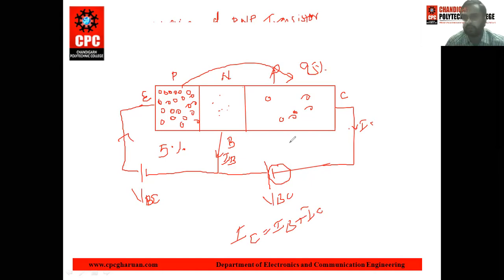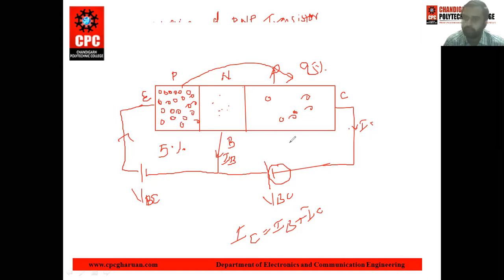Today we discussed the basic construction of NPN and PNP transistors, how two diodes are connected back-to-back to form a transistor, and their regions. The first is the active region, second is the cut-off region, then the saturation region, and last is the inverted region. At last, we discussed the working of the NPN transistor and the PNP transistor.